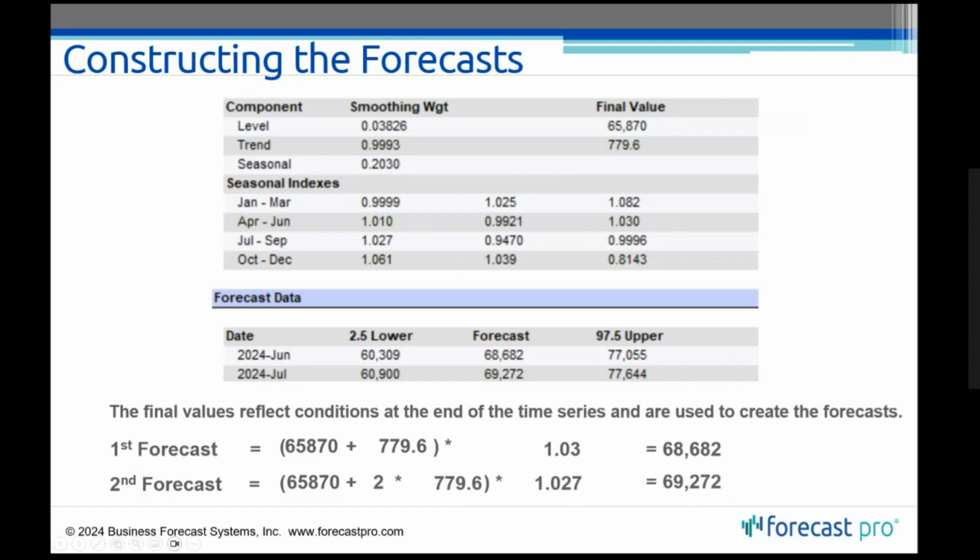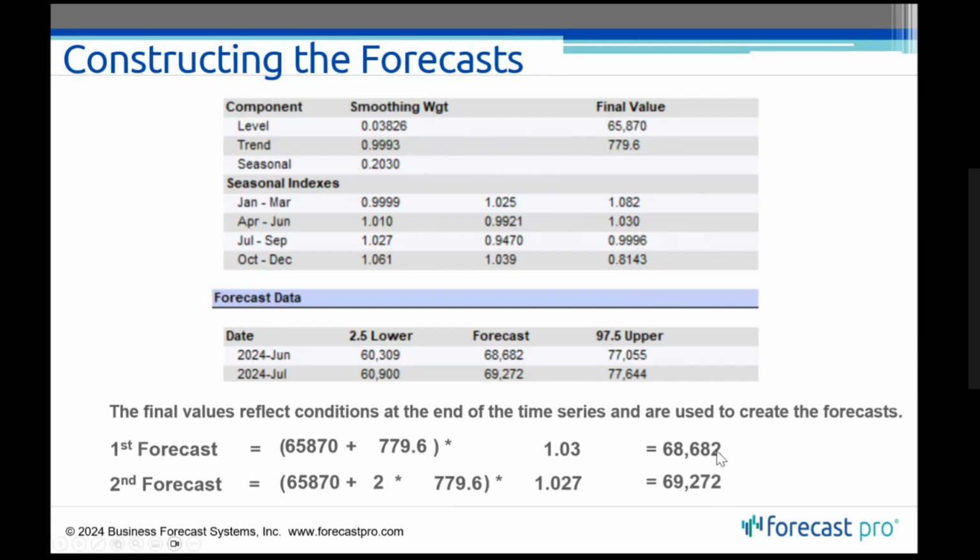So it's a very, very straightforward method. I use smoothing weights to determine how much emphasis to give the different components in terms of weighting the current or previous history. Once I have that, I calculate final values. Once I have the final values, I can calculate the forecasts.